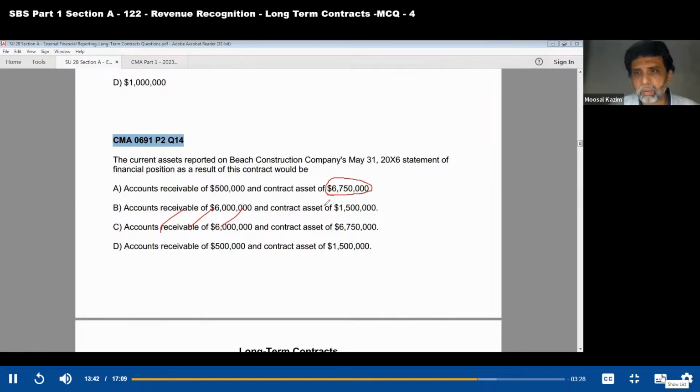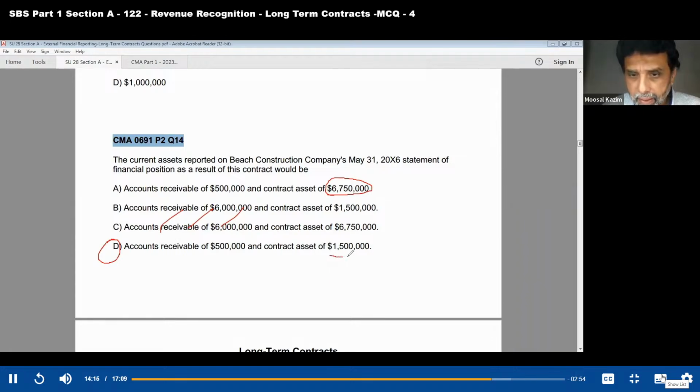Contract asset cannot be 6,750, because we'll be adding a profit to it, which will enhance it further, but only the net amount is shown after you net it off with the contract liability, which is nothing but the progress billing. So it has to be something less than 6,750. So the only answer less than 6,750 among the ones not eliminated is this. Okay, so it has to be D, the answer.